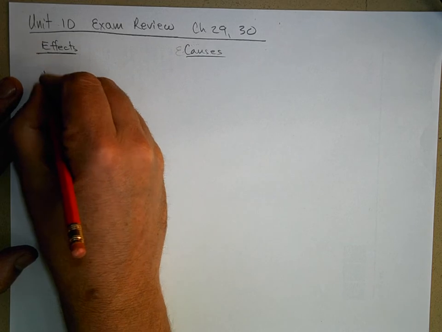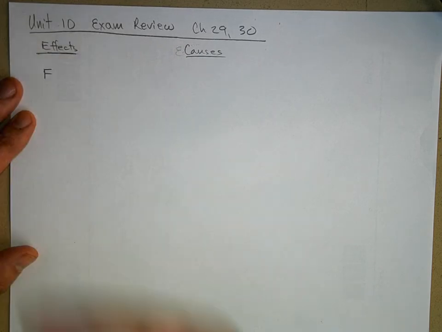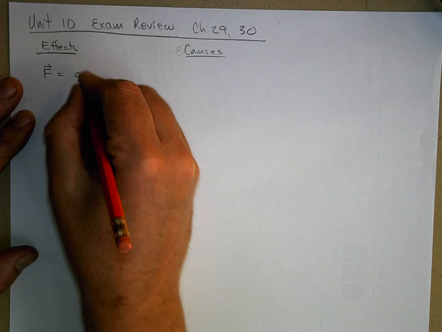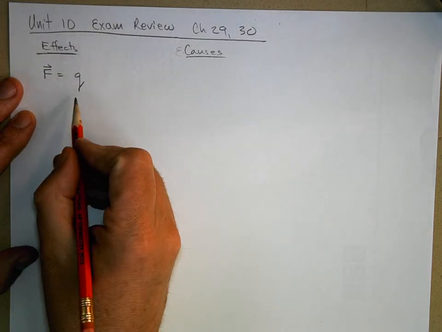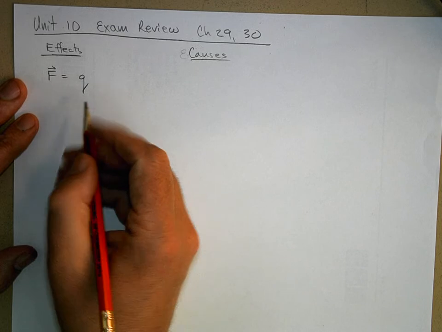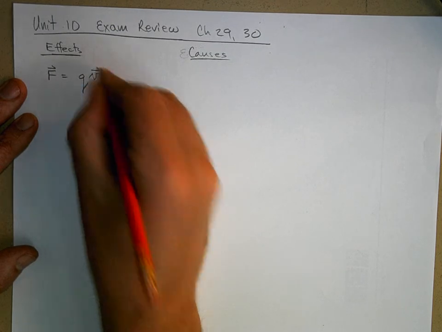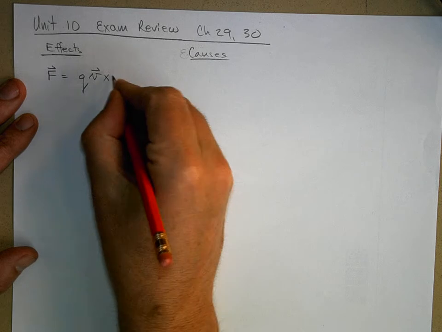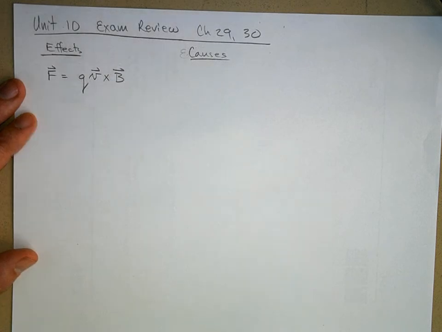And that is this. The force on a free-moving charged particle is equal to q, which represents the charge on your moving charge, times its velocity crossed with the magnetic field.